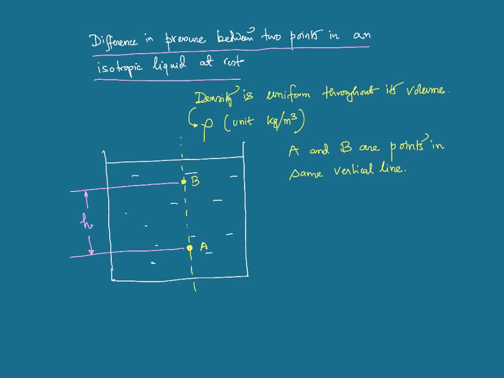Here you consider a very thin cylinder, with ends A and B. Consider a very thin cylinder made of the liquid itself, having the height H. And suppose the cross section is alpha.